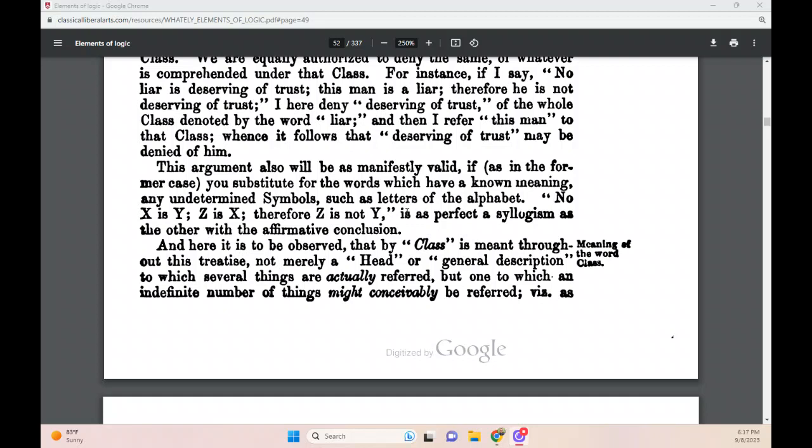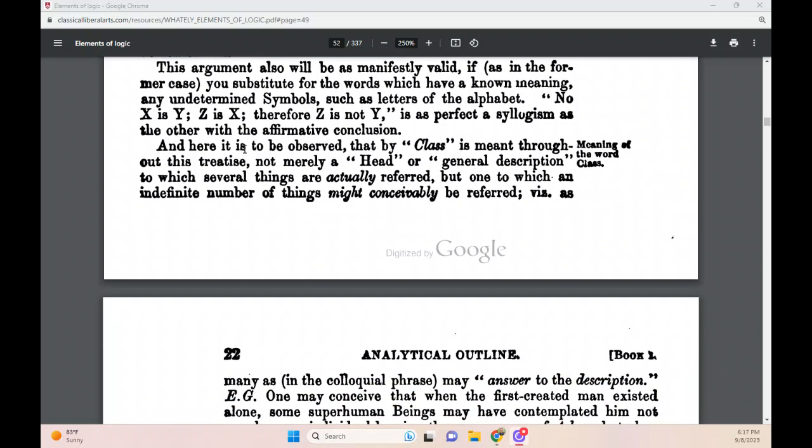Let's keep going here. And here it is to be observed that by class of things is meant throughout this treatise, throughout this book, not merely a head or a general description to which several things are actually referred, but one to which an indefinite number of things might conceivably be referred.